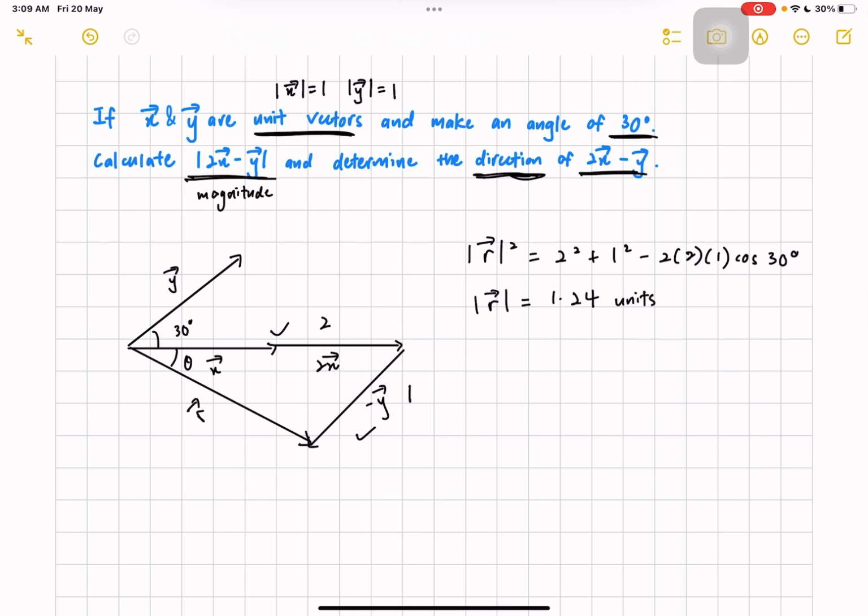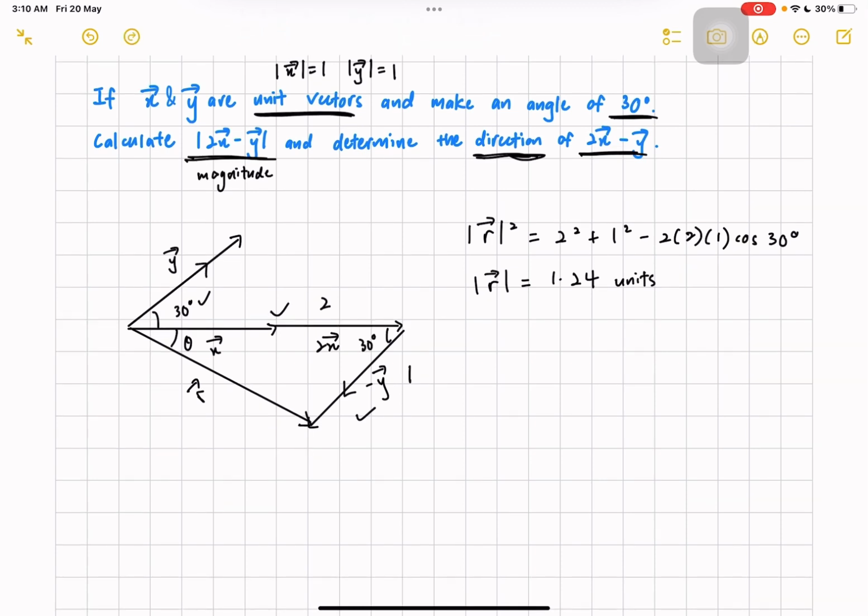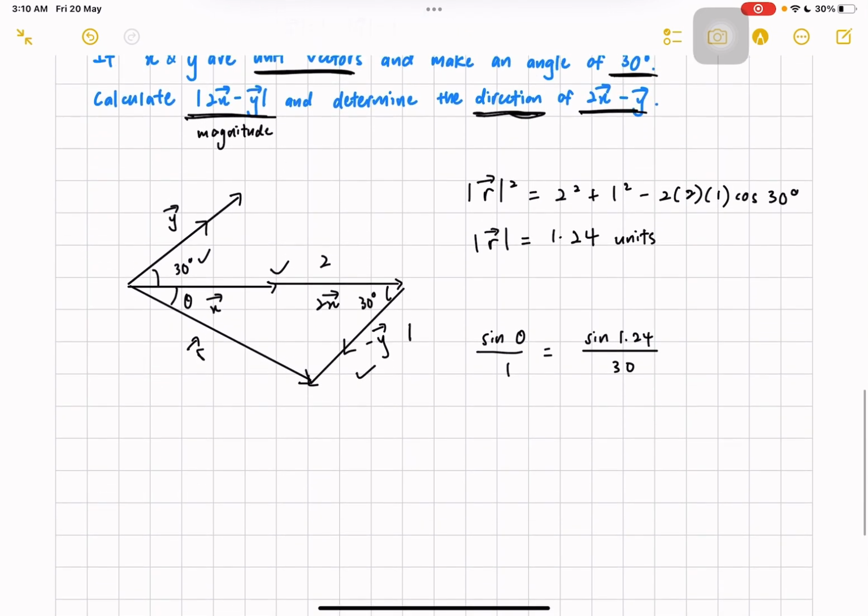Notice that this vector here and this vector here are parallel lines. So according to the properties of parallel lines, if this is 30, this is also 30. Now we can finally use the sine law to find theta. Sine theta over 1 equals sine 30 over 1.24. If you do the calculation correctly, theta will equal 23.8 degrees.